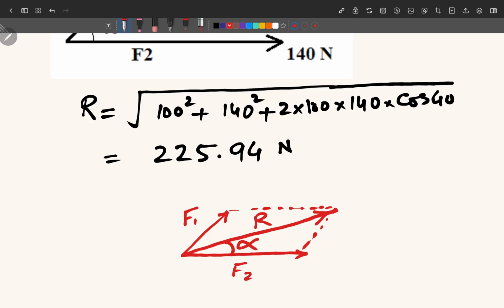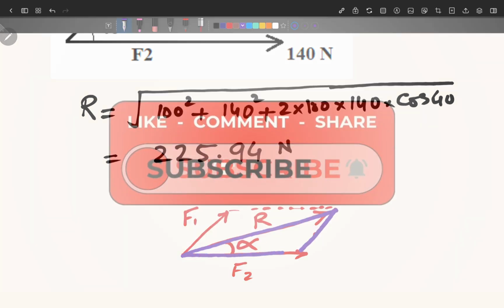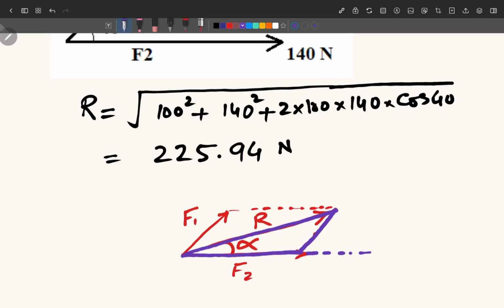So we use this triangle, where one side is the resultant, one side is F1 and one side is F2, because this angle is equal to theta, which is 40 degrees as given in the question.